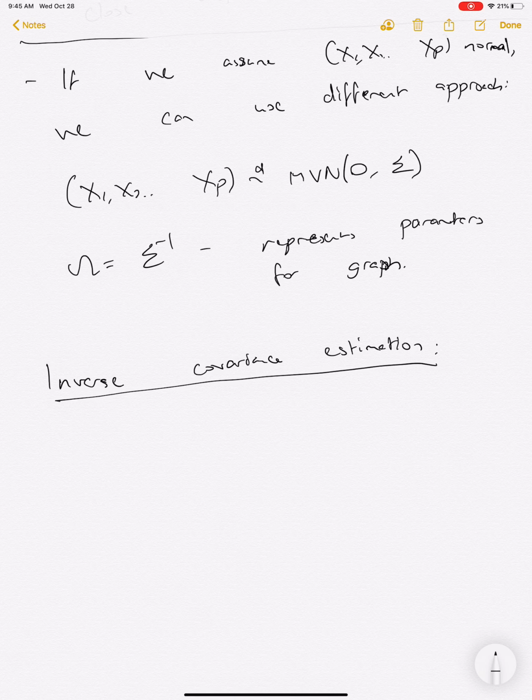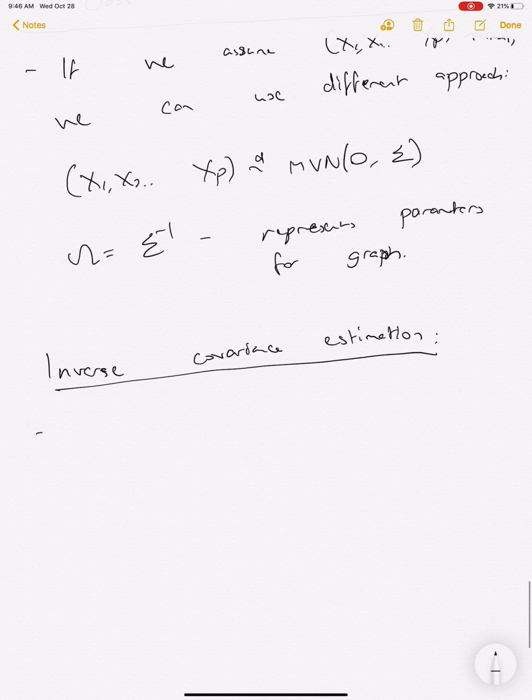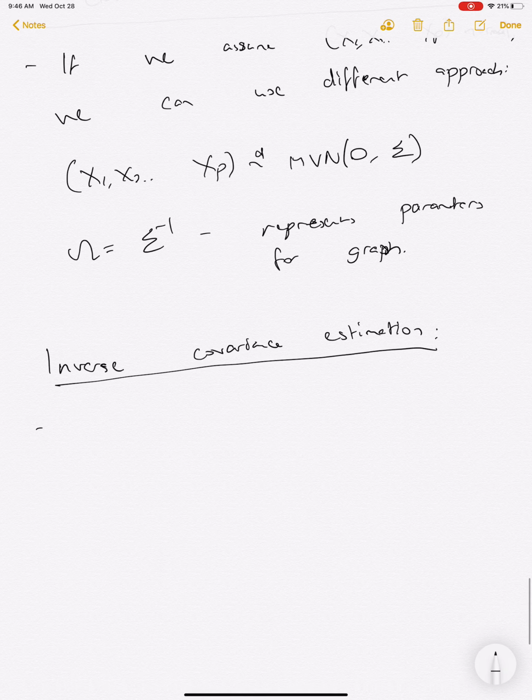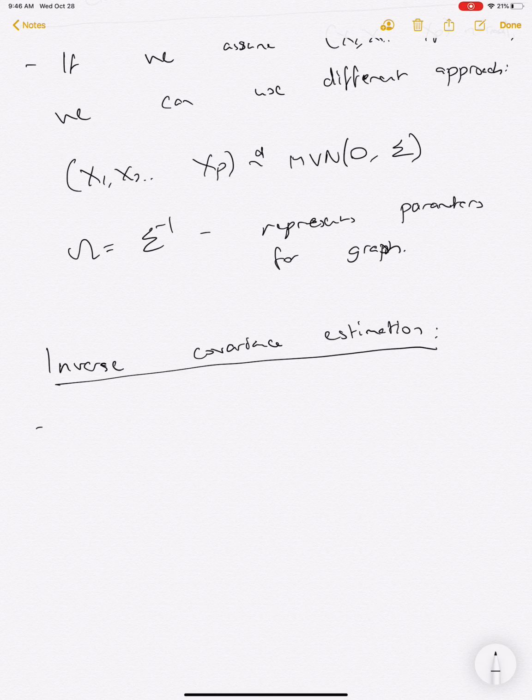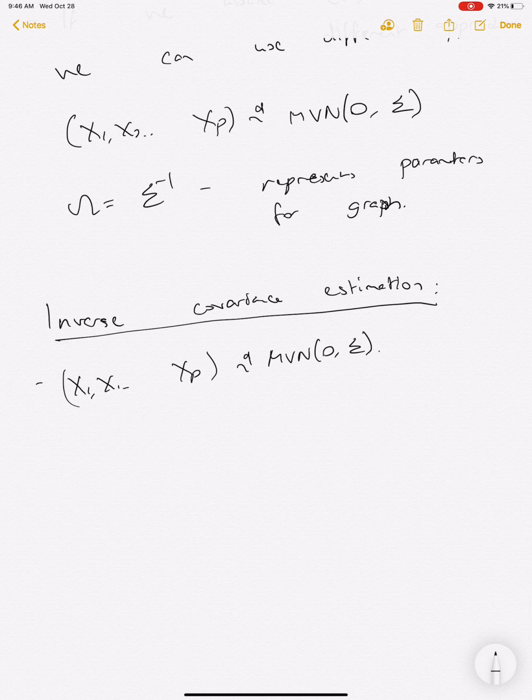So we know that this omega represents the parameters of the graph, and so x1, x2 up to xp is multivariate normal with mean 0 and covariance sigma, and therefore we know that E of x tilde x tilde transpose is equal to sigma.